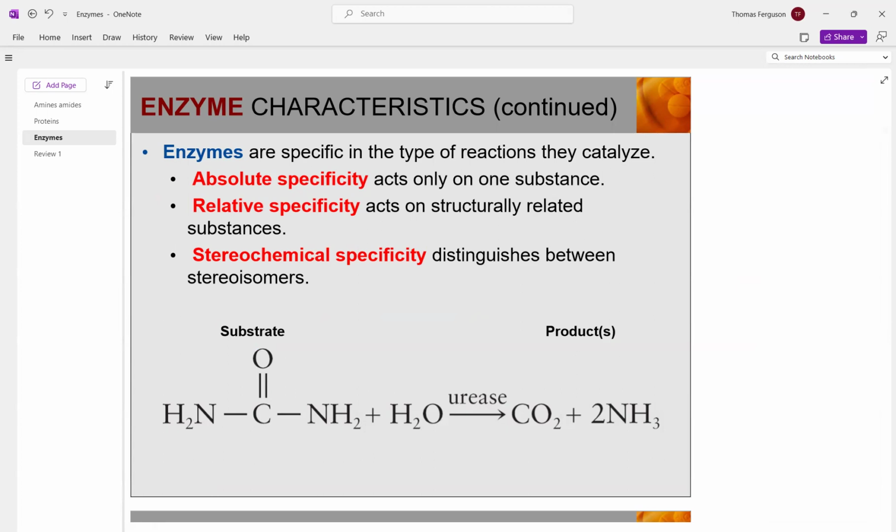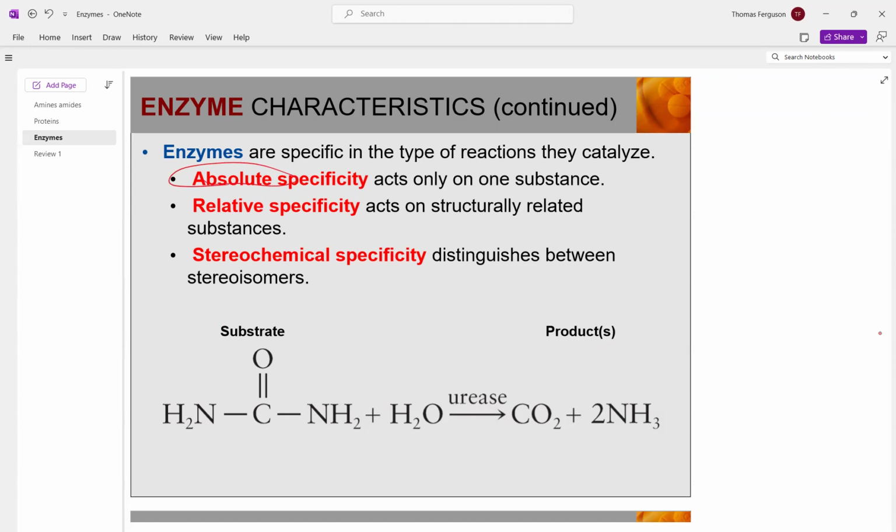So that active site is very, very, very specific. It can tell the difference between a D and an L form of an amino acid or D and L form of a sugar. It's very, very specific. Sometimes it only works on one substrate.